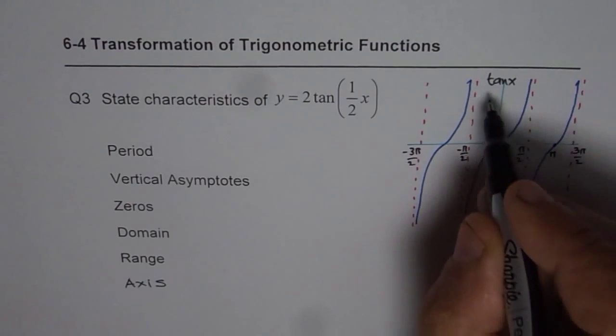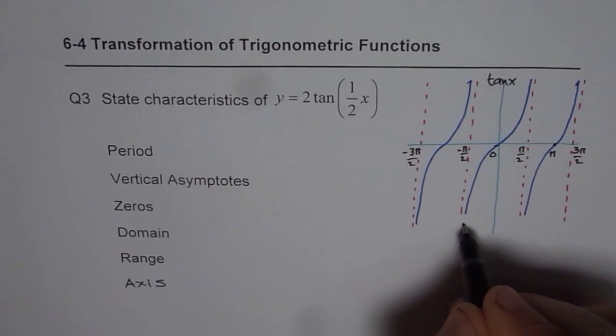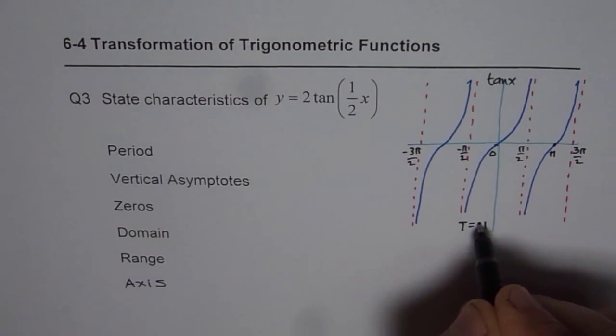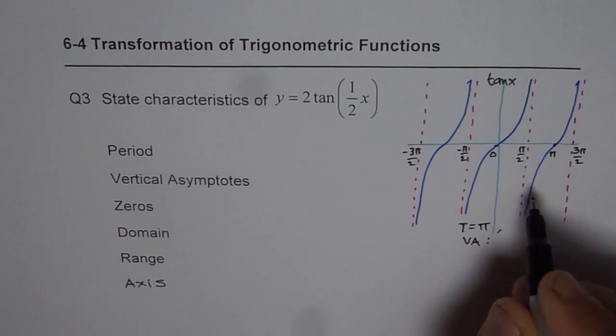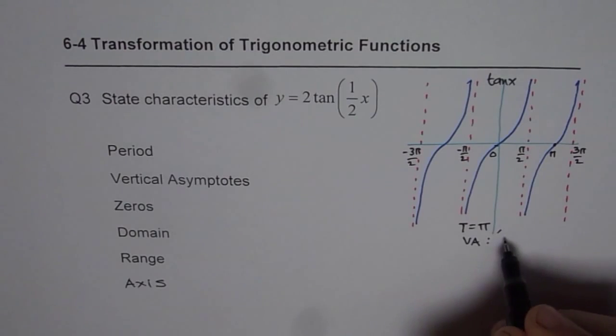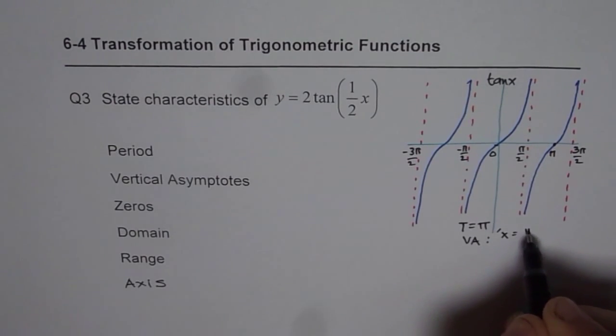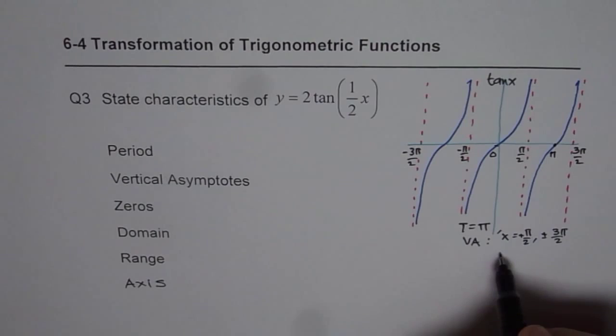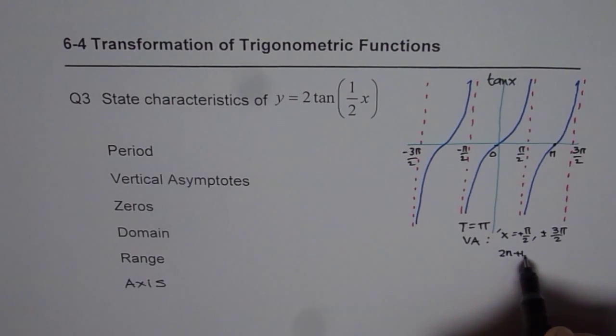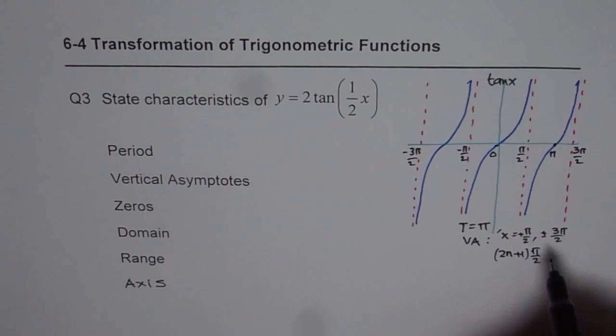So the time period for tan function is, let me write down here, time period is pi, and we know vertical asymptotes for this function are at x equals plus minus pi by 2, or plus minus 3 pi by 2, and so on. In general, we can write this as 2n plus 1 times pi by 2, since these are odd multiples of pi by 2. Is that okay?